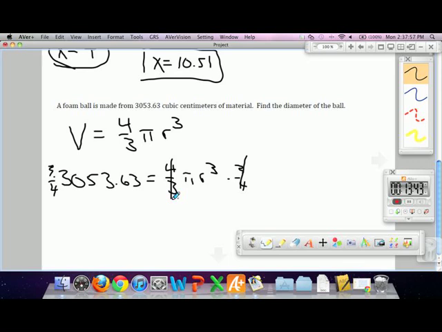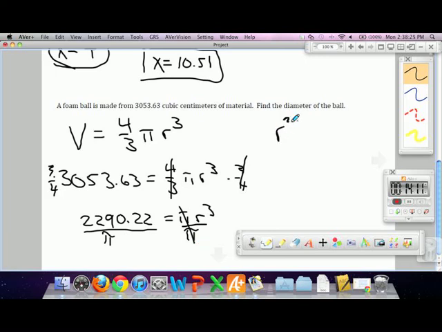How about divide everything by pi? Because pi is just a number. Divide that by pi and get r to the 3rd power is pretty close to 729. Get r by itself, so we could cube root this.